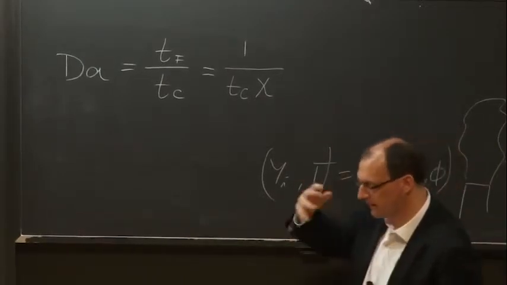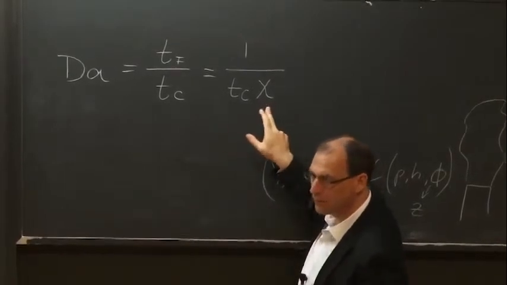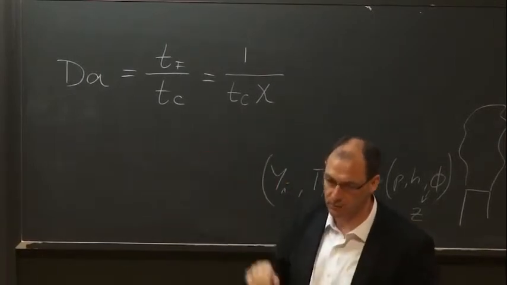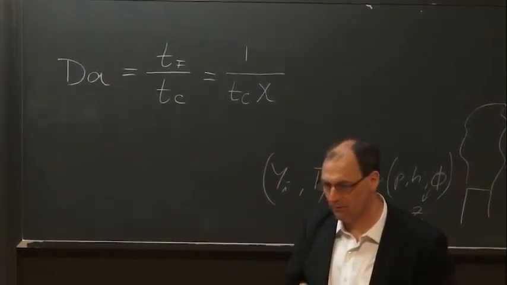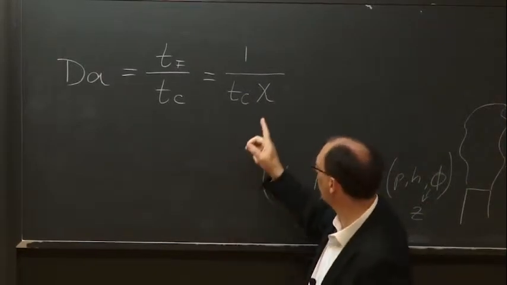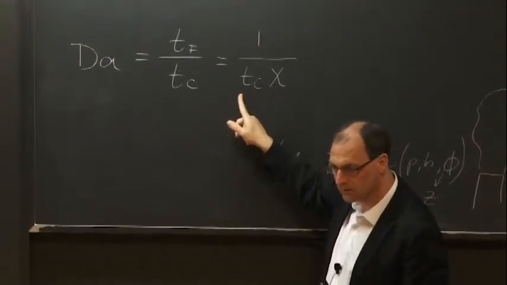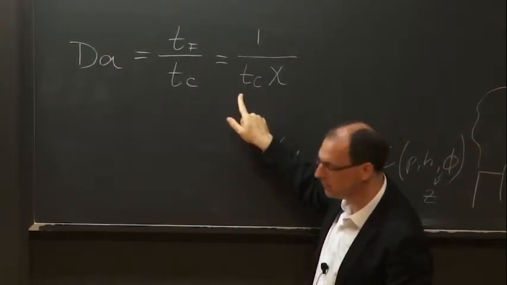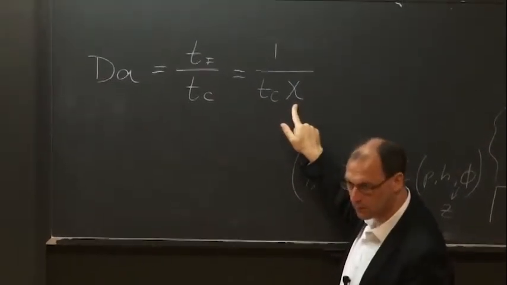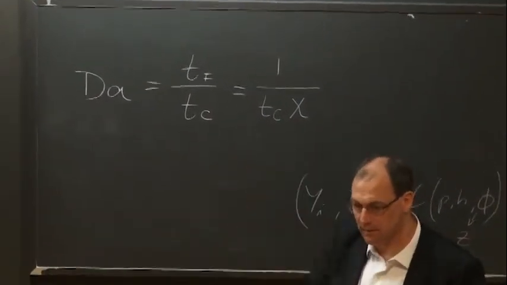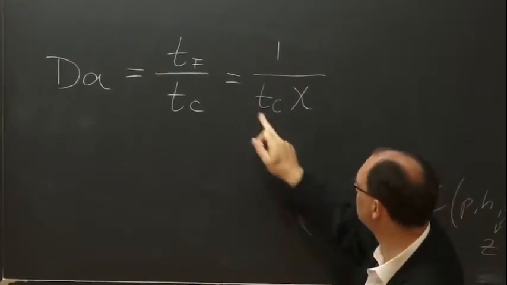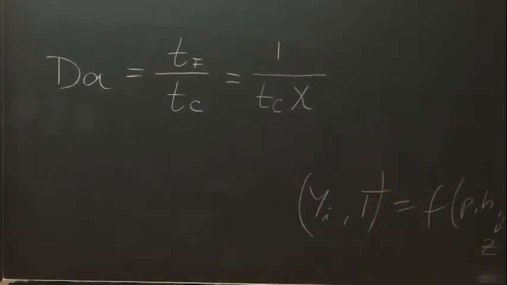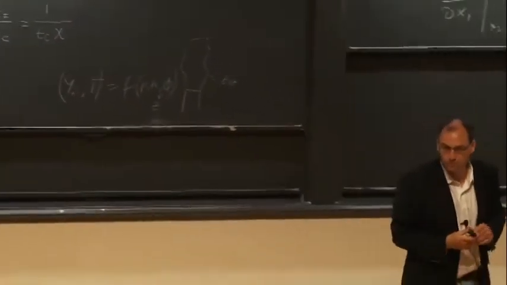But even, and that's why I was hesitating, even if you say very small dissipation rate, that still doesn't mean fast chemistry, because what is small? Small is always compared to something else. If you say the inverse of the dissipation rate is much, much smaller than the chemical timescale, yes, that's fast chemistry. So if this product is small, then that's fast chemistry.